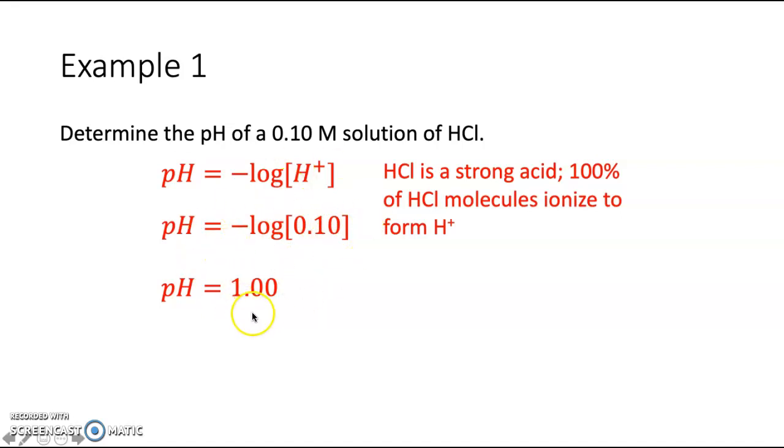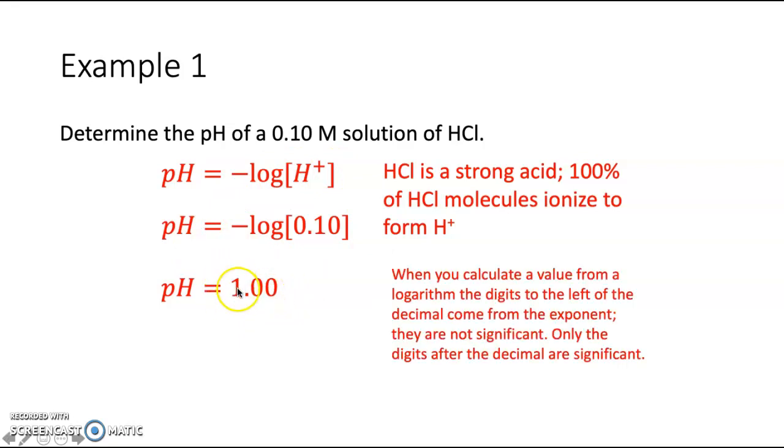Now you might be wondering a little bit about the significant digits here. This is intentional, to have 2 decimals after the 1 digit, because I'm using a logarithm to calculate this value, so I'm using a kind of newer type of operation. You might recall that in a logarithm, the number to the left of the decimal, like the 1 in this case, comes from the exponent, which means that it actually doesn't count as significant.